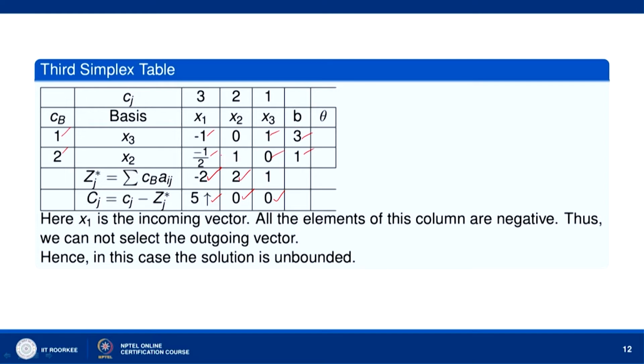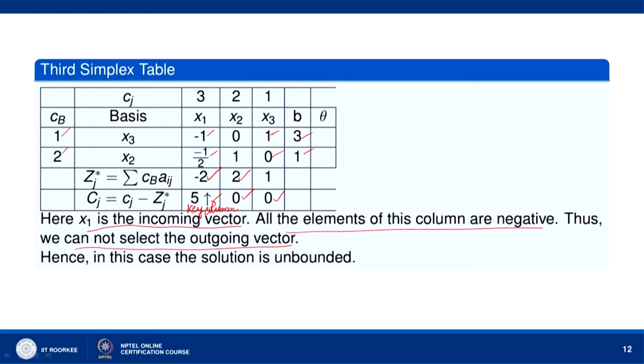And then what we notice is Cj is positive for j equal to 1. So, this is our key column, okay. So, x1 is the incoming vector, but we cannot select the outgoing vector, because the x1 column has all elements negative. Thus, we cannot select the outgoing vector, because to select the outgoing vector we find the minimum positive ratio.